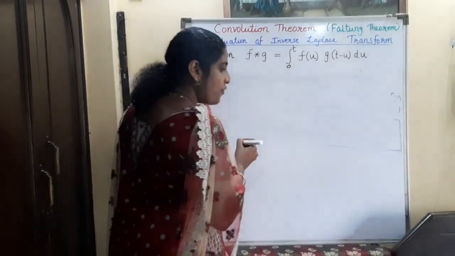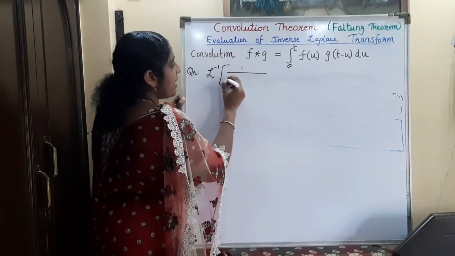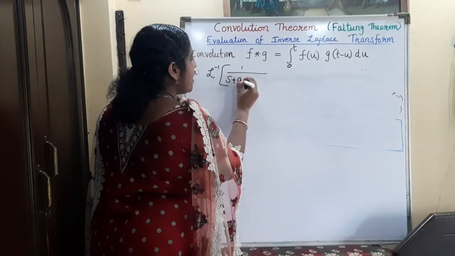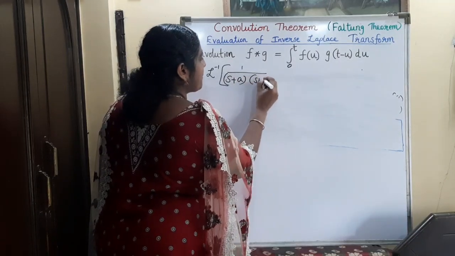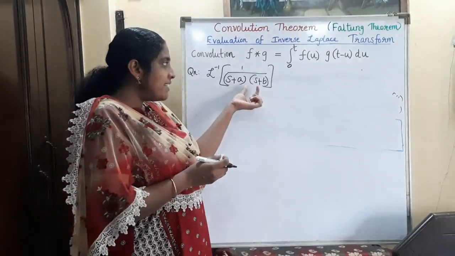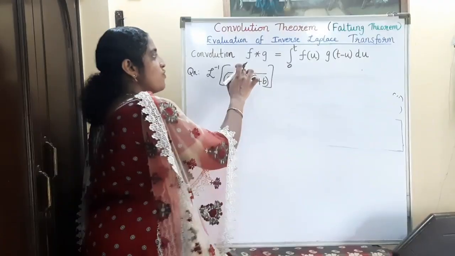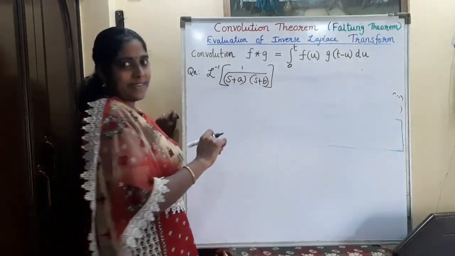Question: find the Laplace inverse of 1 divided by (s plus a) into (s plus b). Okay, see this question, here the entire question we can break into two parts. That is, this is 1 by s plus a into 1 by s plus b.